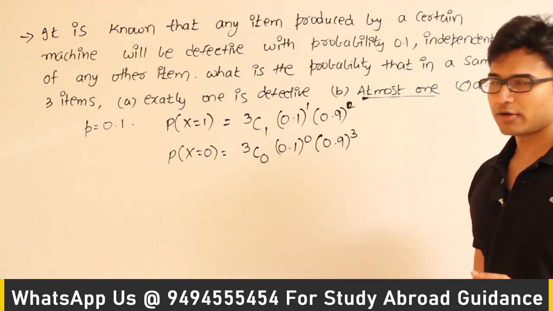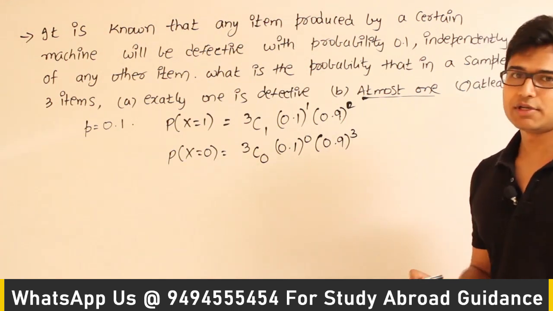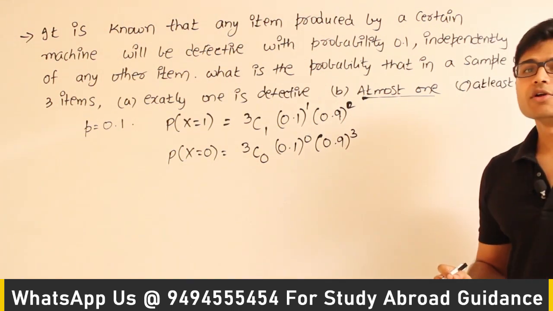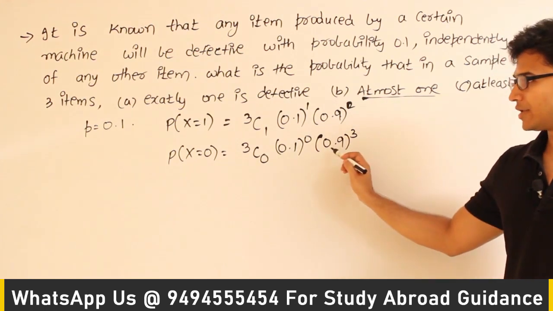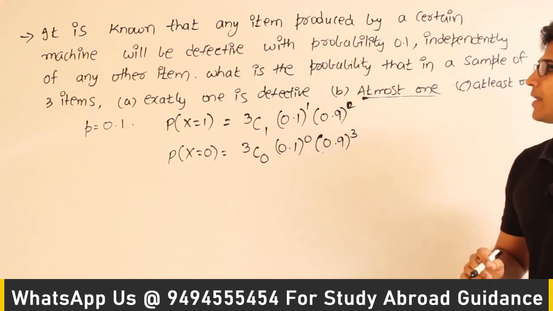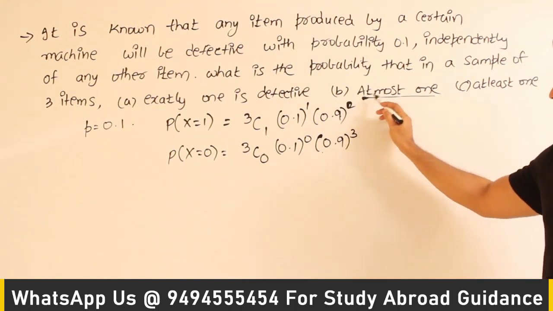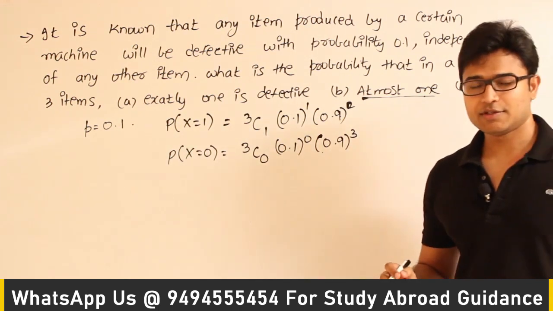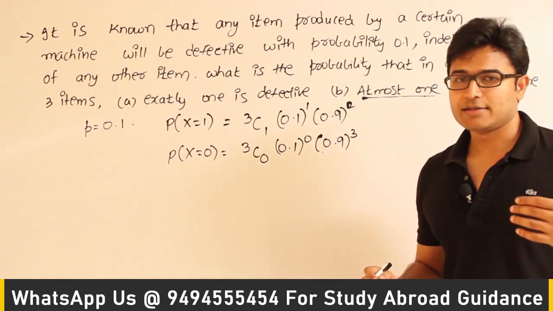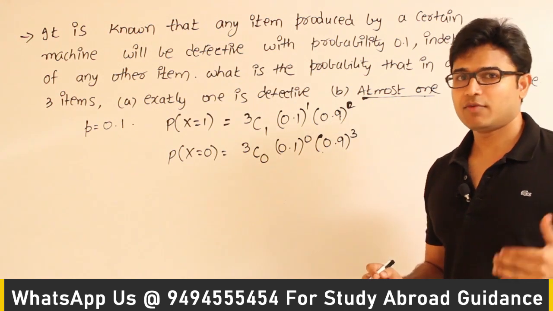Each one is non-defective with probability 0.9, that is why 0.9 power 3. Now for question B, at most one defective piece means exactly 0 defective pieces plus exactly 1 defective piece.